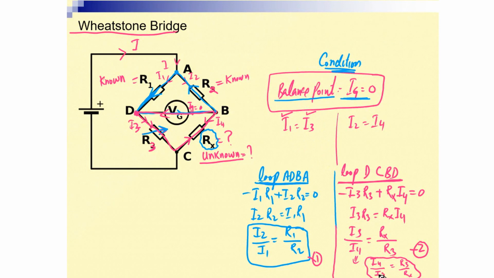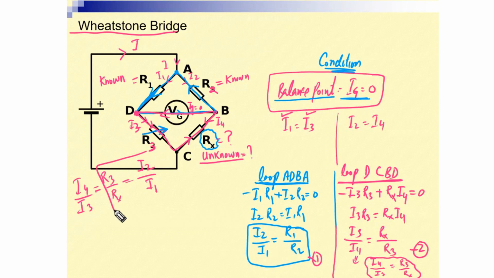So it means I4 divided by I3 is equal to R3 by Rx. I3 is equal to I1, so I can write this is I1. I4 is equal to I2, so I can write this is I2.